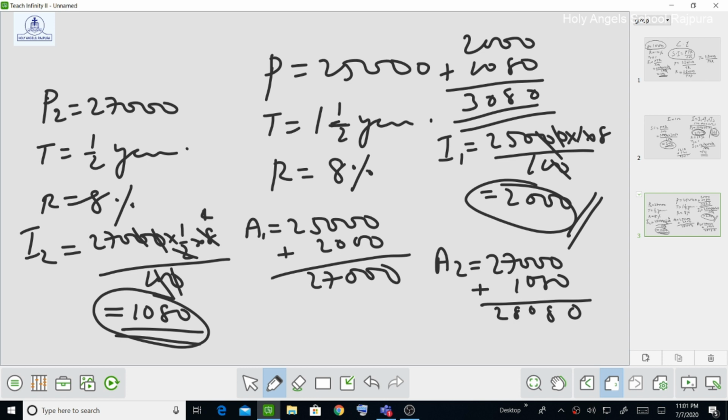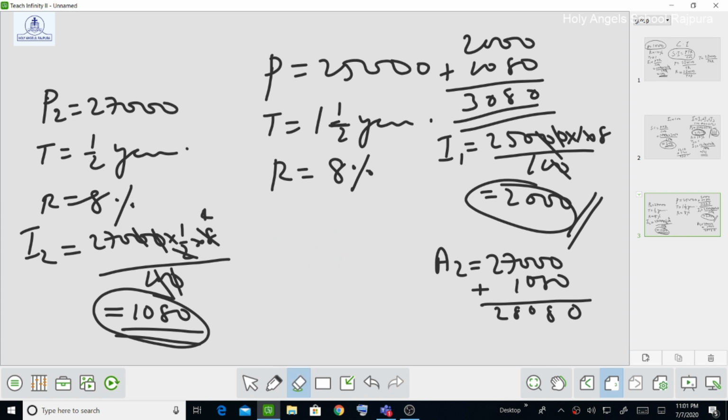A2 minus the initial principal, 28,080 minus 25,000, also gives 3080.